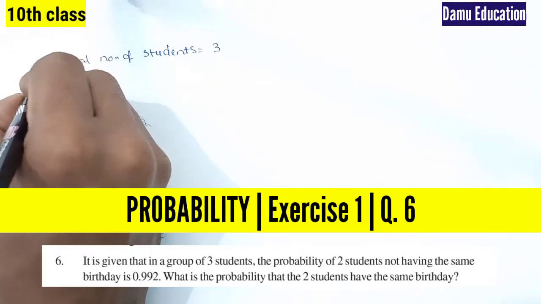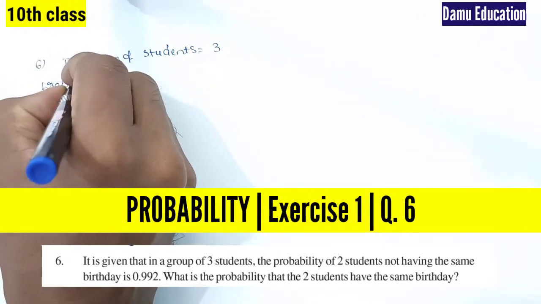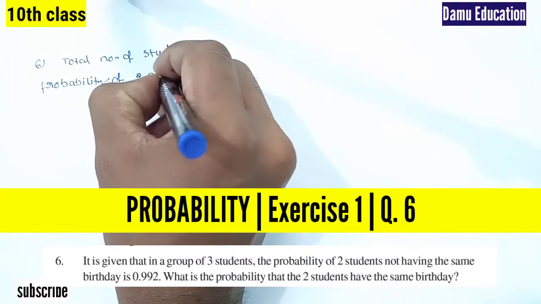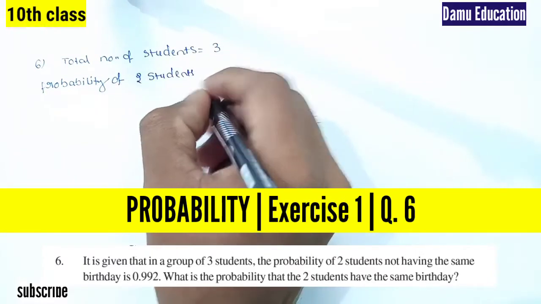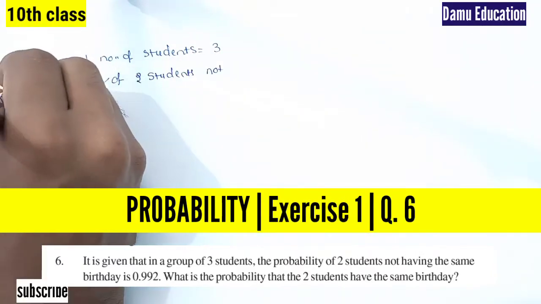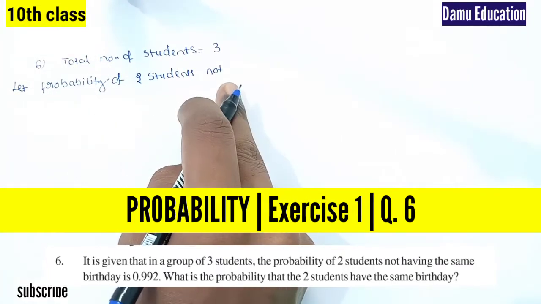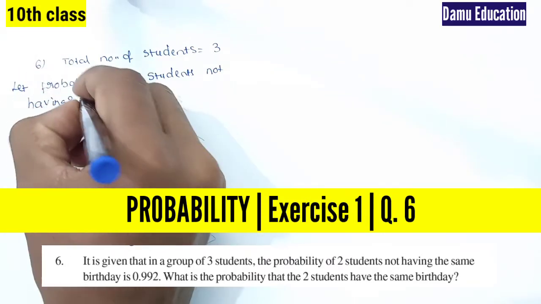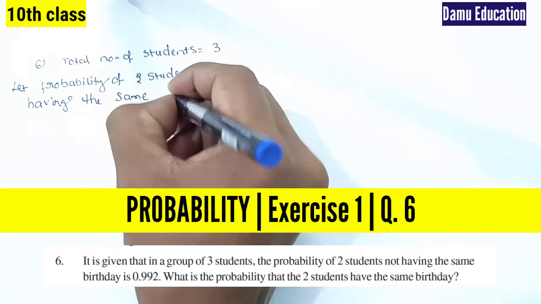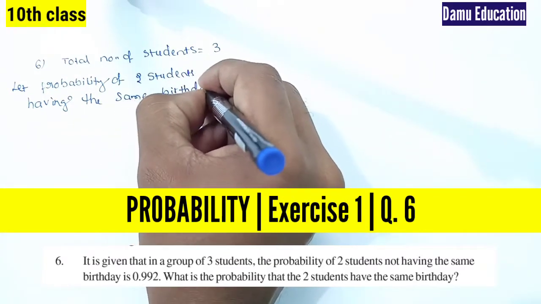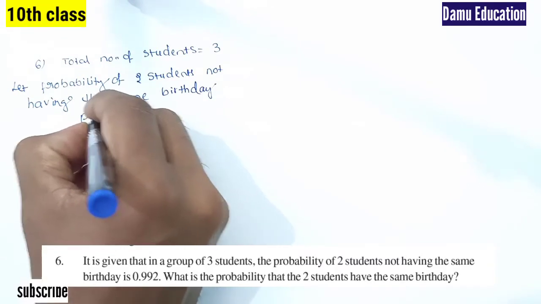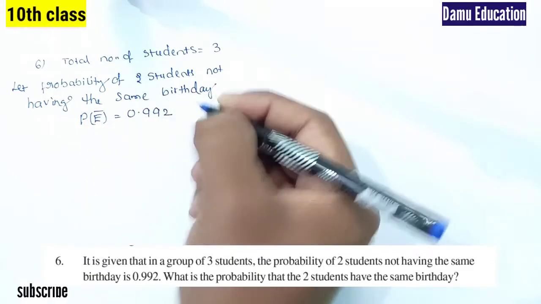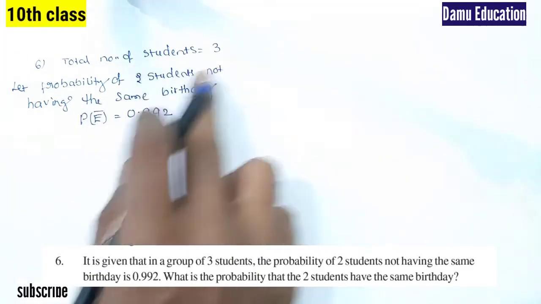Let's take the probability of two students not having the same birthday. That is P of E bar, which is 0.992.